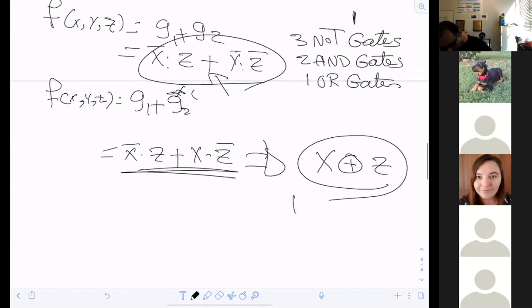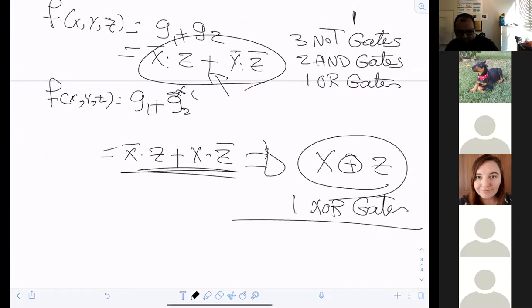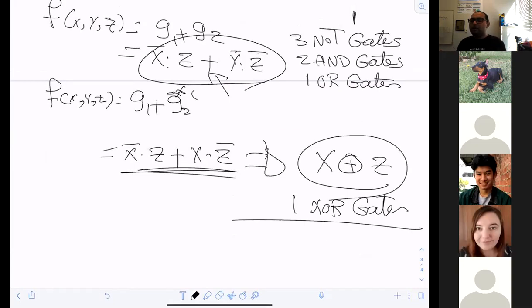Here, just one XOR gate. Make sense? So it depends on you. If you are in the lab and you don't have XOR, go ahead for this. If you are in the lab and you have a lot of XOR, go for this. And both of them will give the same answer.